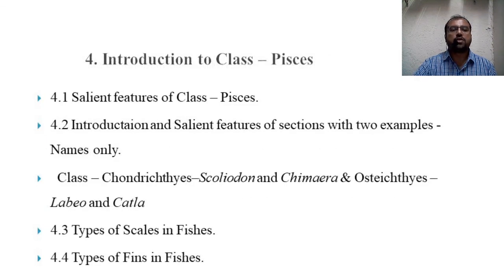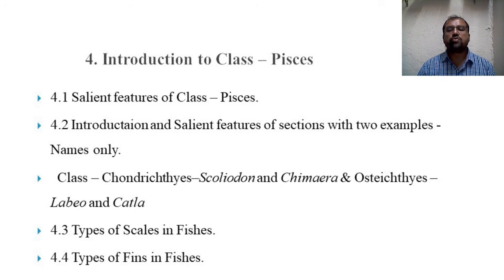Then the fourth topic is Introduction to class Pisces, and this fourth topic again includes different subtopics, which are salient features of class Pisces, and introduction and salient features of sections with two examples. Again only the names are expected.